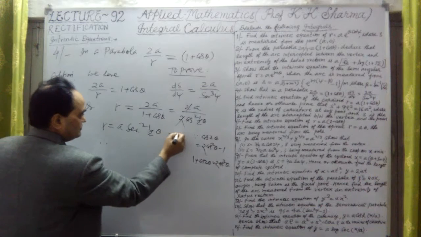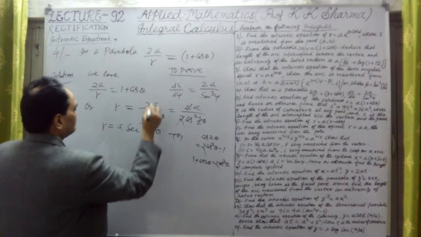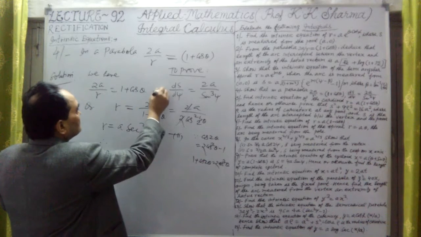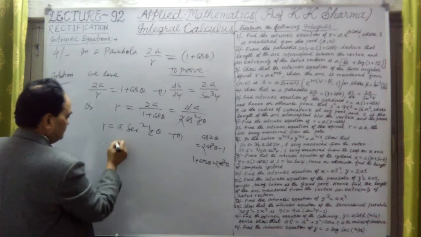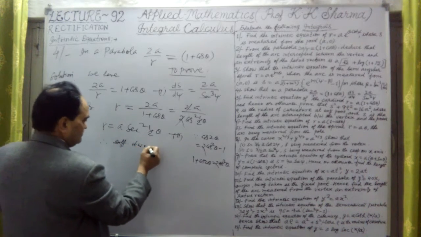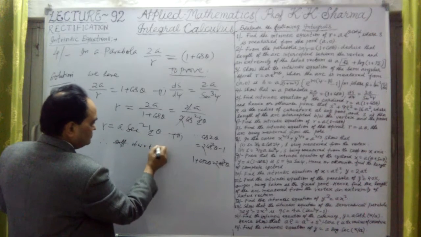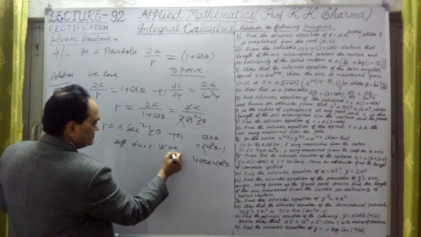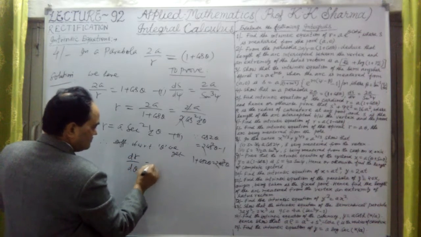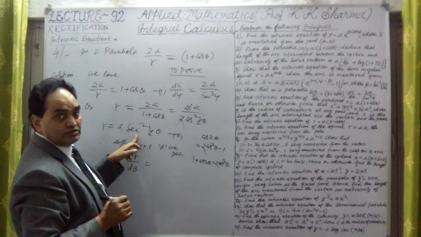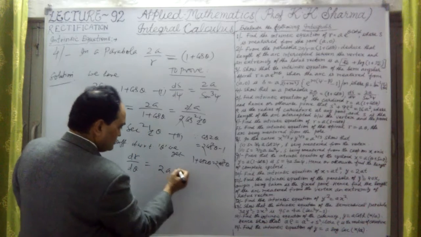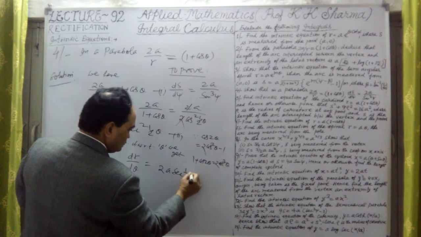This is the first equation. Now differentiating with respect to theta, we get dr d theta equal to twice a into secant half theta.